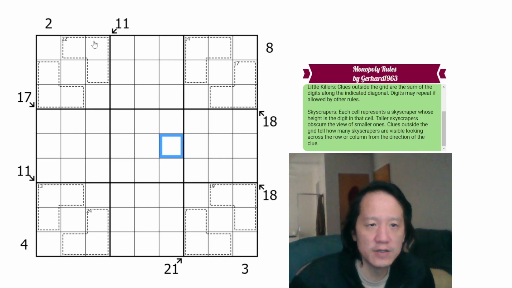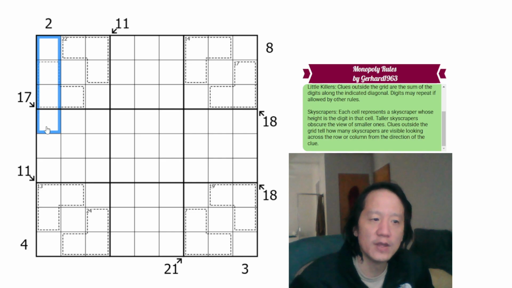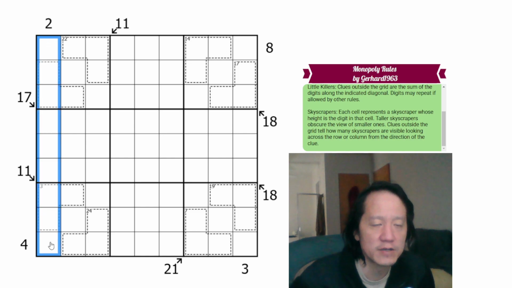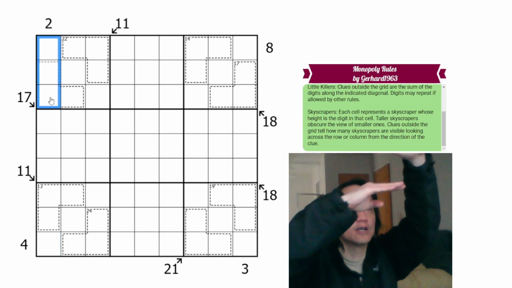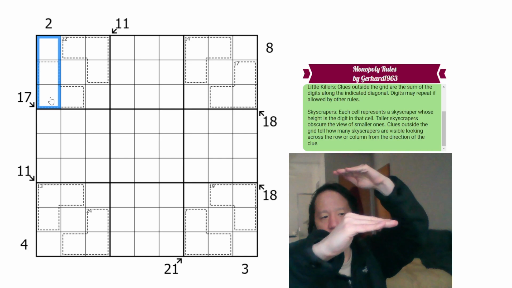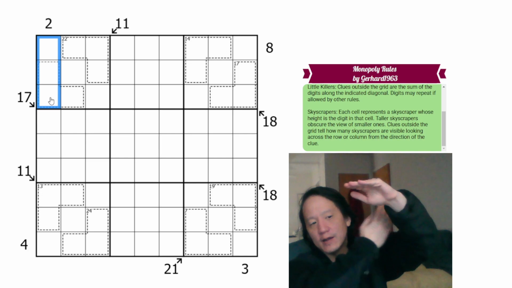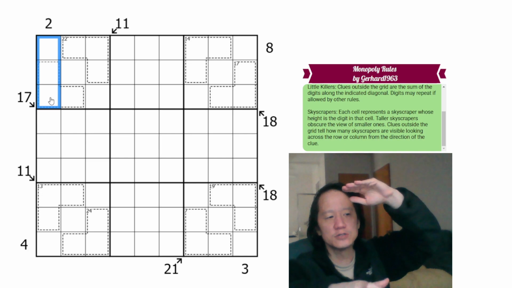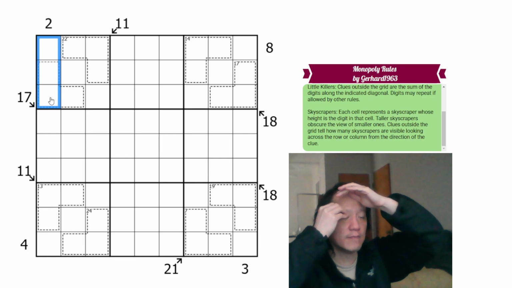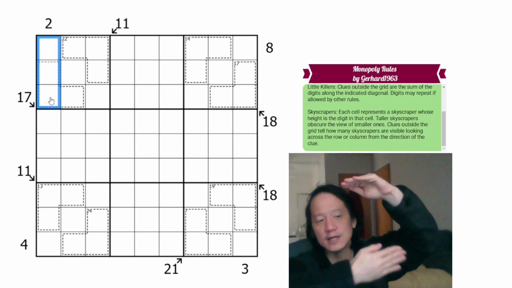So this 2 means that you see only 2 skyscrapers if you look in this direction, right? So you would not be seeing 3. You would have to see 2 skyscrapers. So you would see 1 skyscraper here, and then another skyscraper behind it. But then you would not see any other skyscrapers, either in between, since anything in between would be shorter than the first skyscraper, and you would not see anything that's behind that second skyscraper.